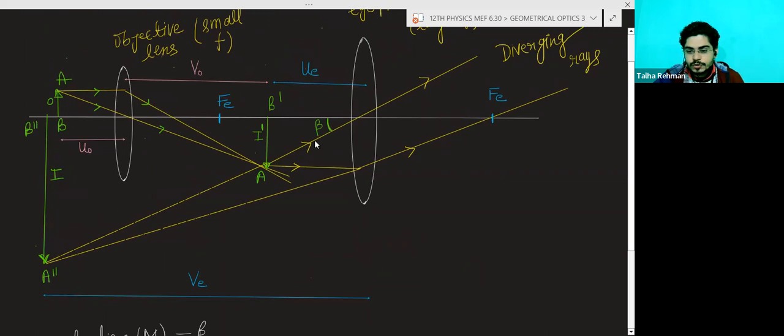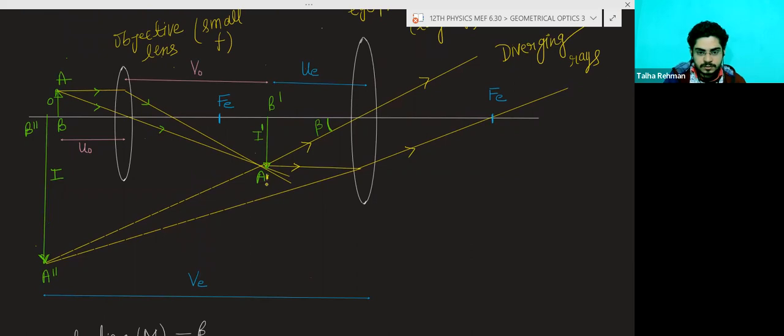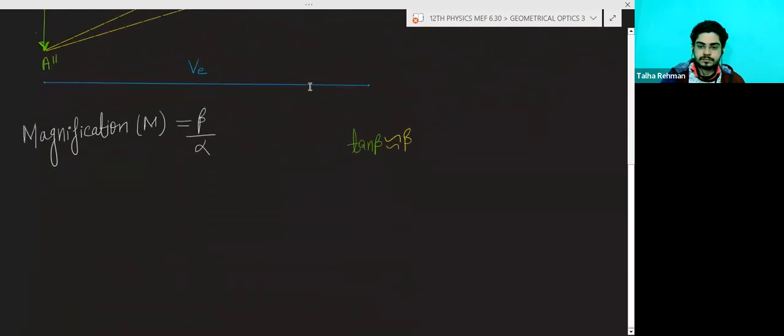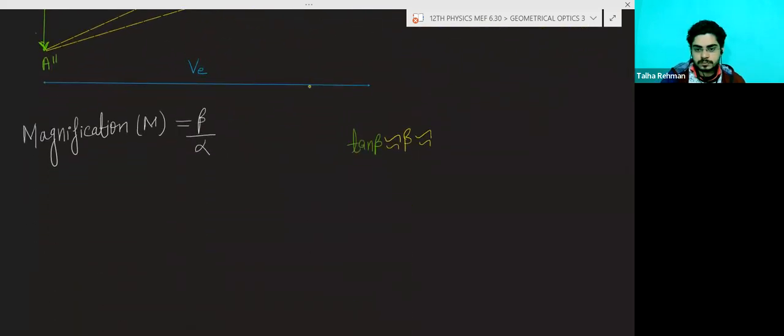If you want to write tan beta, then you can write a dash b dash divided by UE, because tan beta is perpendicular divided by base. The perpendicular is this height and this length is the base. The UE distance is the base. So tan beta is equal to a dash b dash divided by UE.